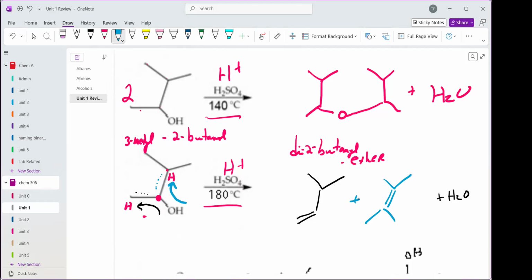We've got to figure out which one is more stable. So we're going to use 2 tests: Markovnikov and symmetry. Okay, so Markovnikov, we're looking at terminal hydrogens. So we've got 3, 3, 2, versus 3, 3, 3, 3.